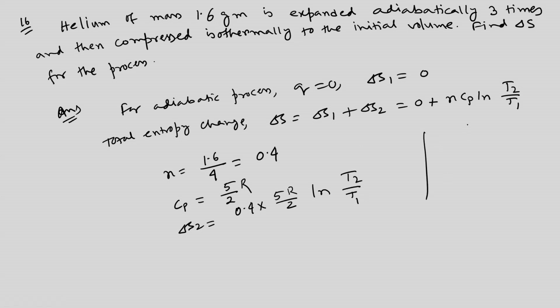So, now process is isothermal one. So, T2 by T1, this is not isothermally, this is isobarically, the process is compressed isobarically, do not consider isothermally, isobarically here.